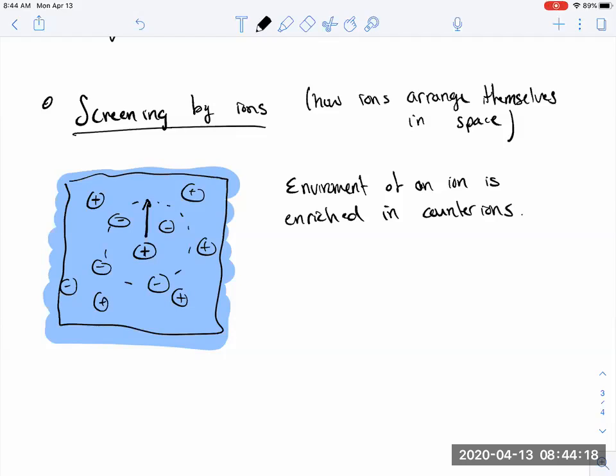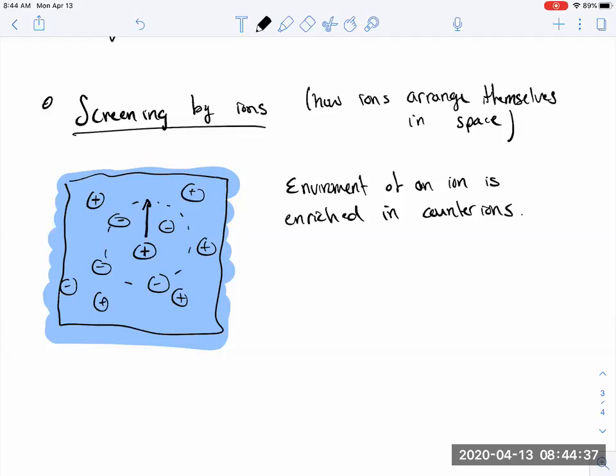That is to say that if I tag that positive charge and look out from it, I should see in the vicinity more negative charge than positive charge. And in fact, that's also true of the next cation.